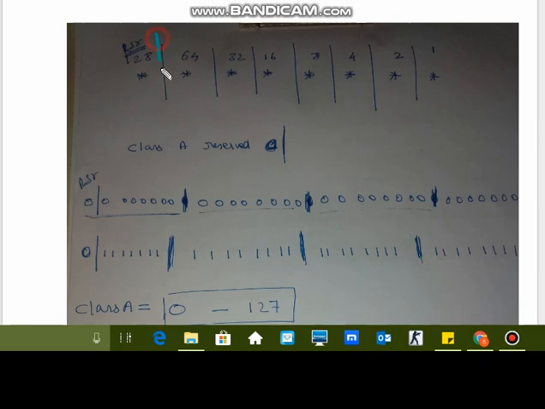This is the reserved bit. According to class A, the reserved bit is 0. So this will be 0 always, and the rest will go from 0 0 0 0 0 to 1 1 1.